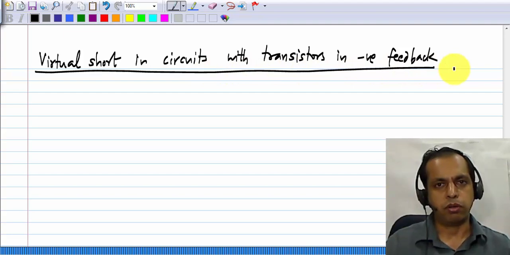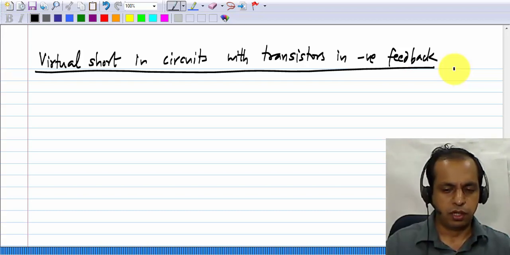I'll take one particular example, which is the voltage controlled voltage source or a source follower, and the same principle applies to all other circuits as well.